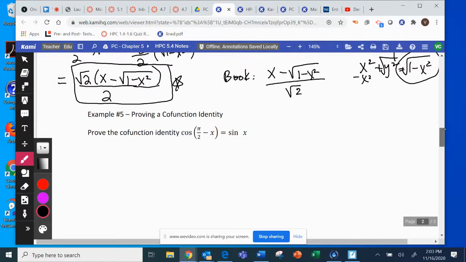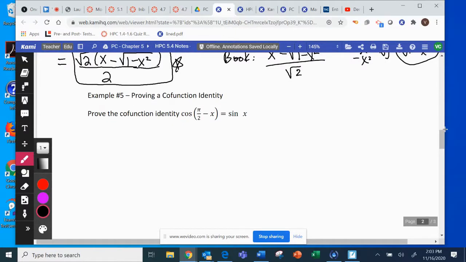All right, example 5, proving a cofunction identity. This is an identity that was in our big list of identities already. We're going to prove it by using the cosine difference formula. So the cosine difference formula says we're going to do cosine of pi over 2 times cosine of x plus sine pi over 2 times sine x.